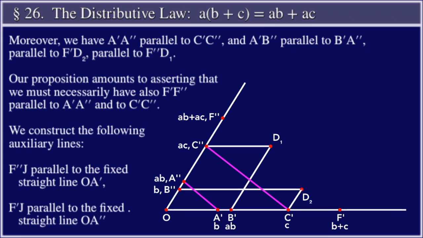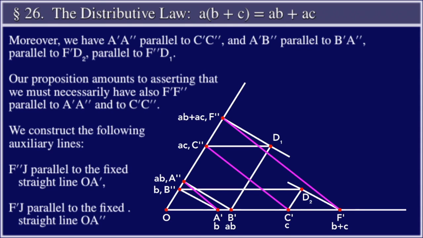Moreover, we have A prime A double prime parallel to C prime C double prime, and A prime B double prime parallel to B prime A double prime, parallel to F prime D sub 2, parallel to F double prime D sub 1. Our proposition amounts to asserting that we must necessarily have also F prime F double prime parallel to A prime A double prime and to C prime C double prime.